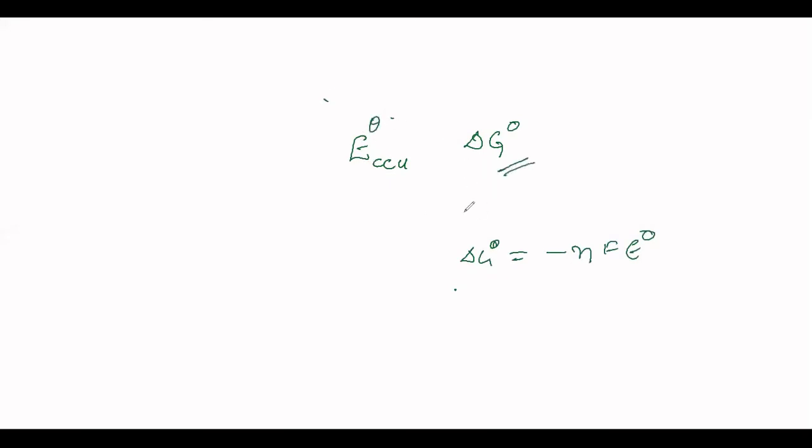And in this case, this is the one which tells you the useful work done, electrical work done by the cell, delta G0. And E0 value only will tell you what is the energy felt by the electron when it is moving from anode towards cathode. So that is what it tells. So considering these facts, we can find out E cell and delta G of the cell reaction, both are extensive properties. Is it correct?